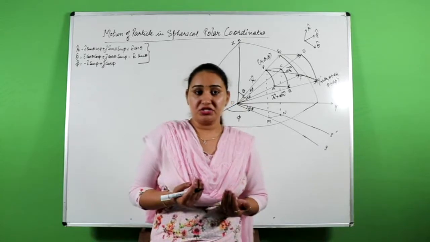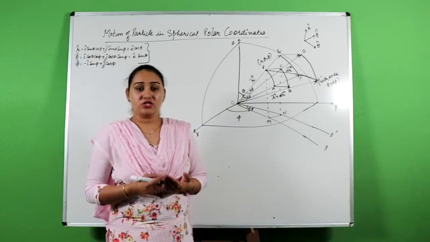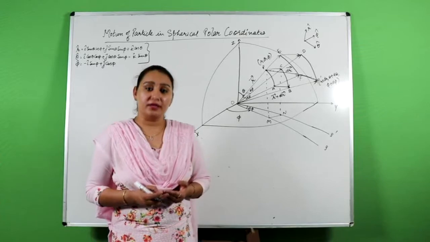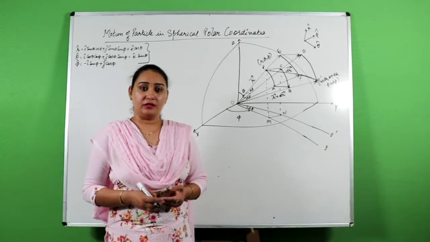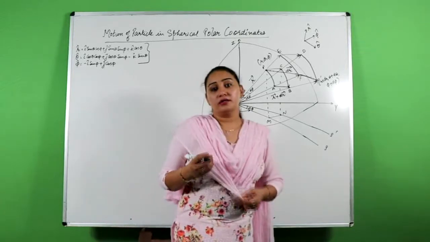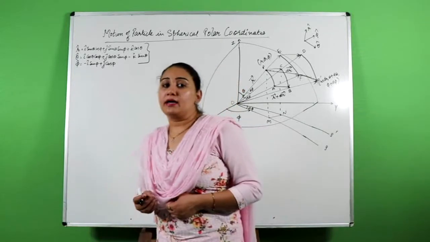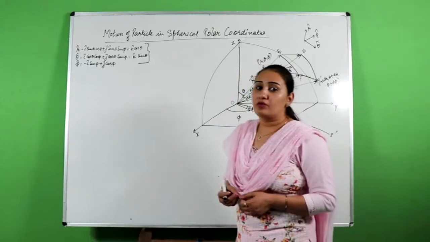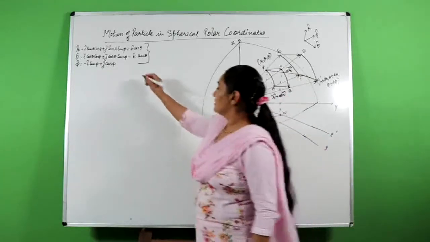So the new position will be P dash, having coordinates r plus dr, theta plus d theta and phi plus d phi.